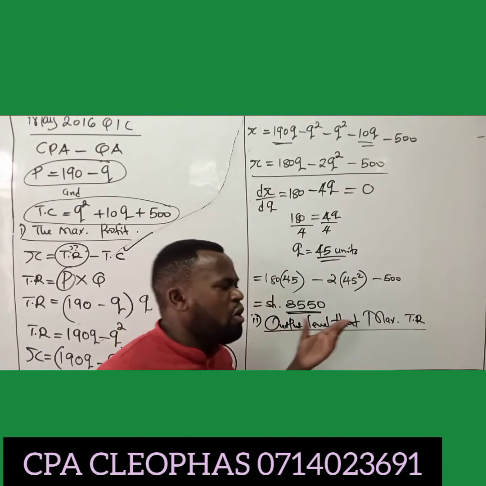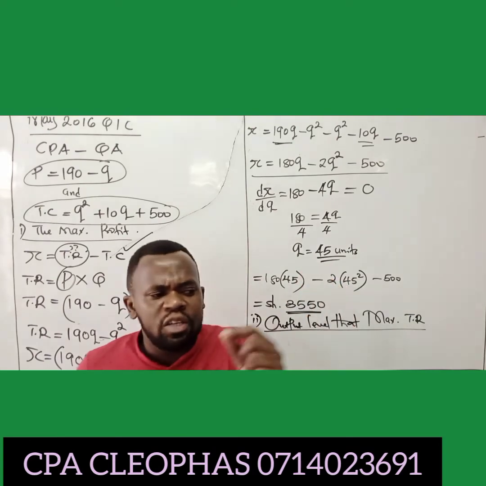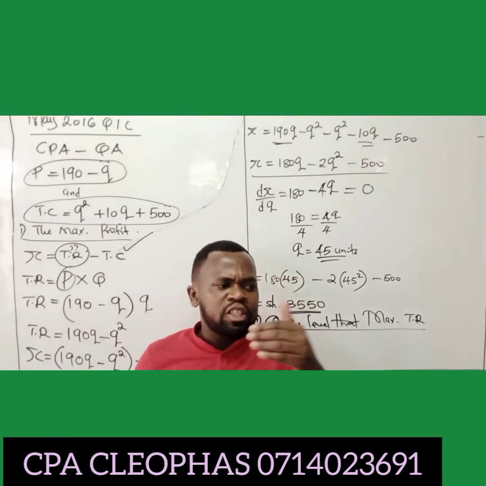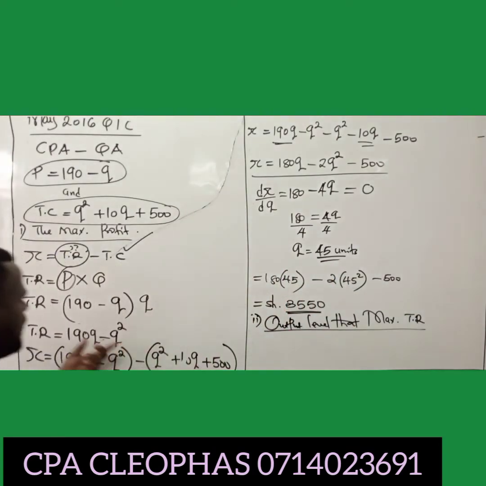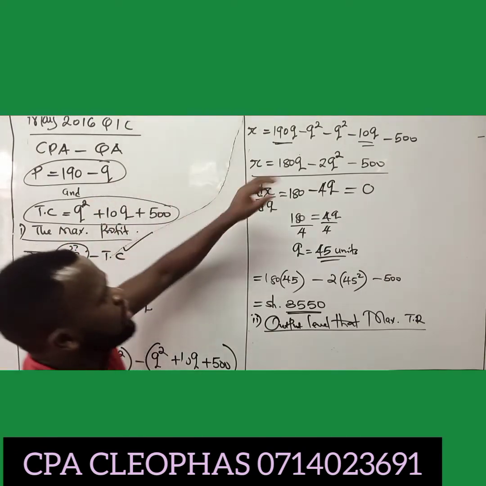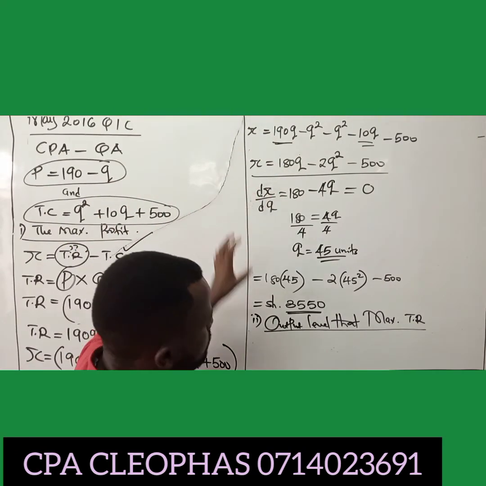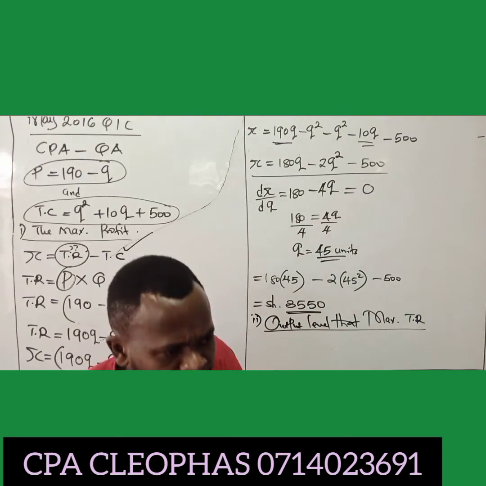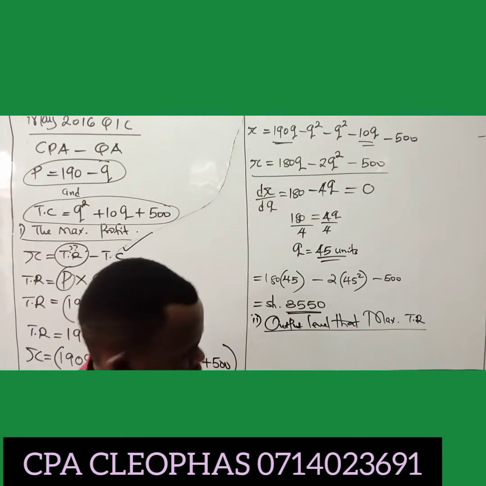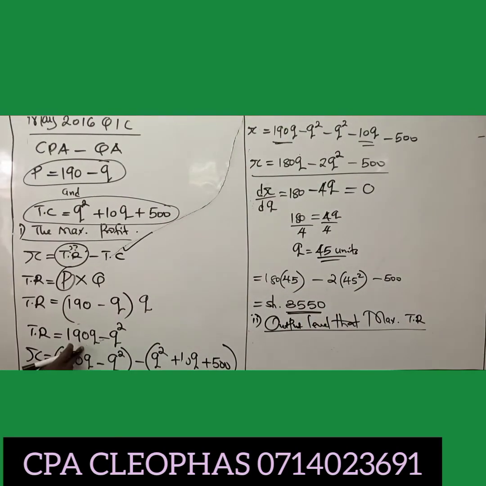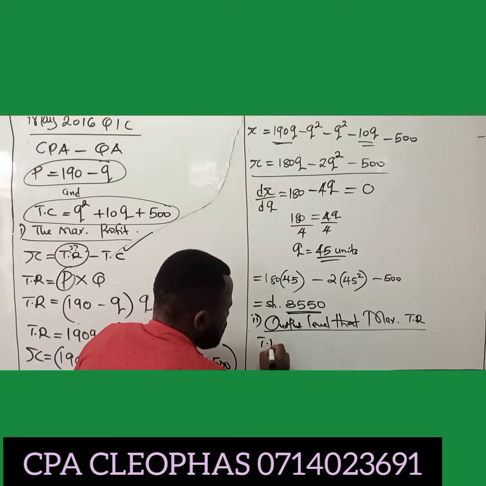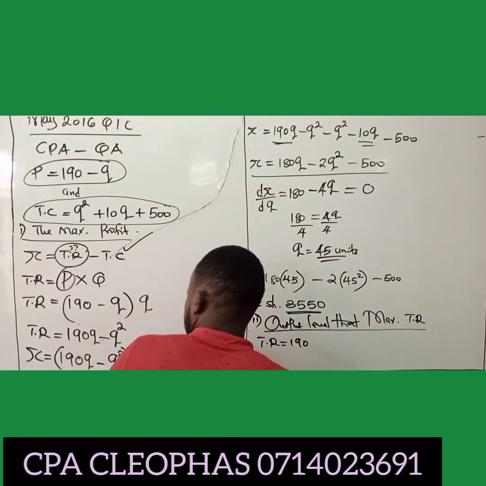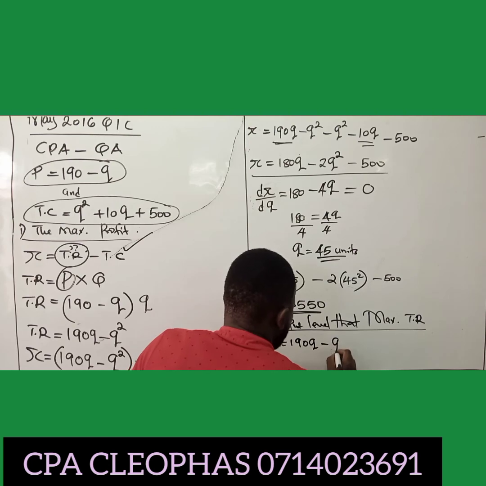Any time you hear of maximization, you must differentiate the function. If it is maximization of profit, like the first one here, we had to get the profit function and differentiate it. For maximum revenue, you need to get the revenue function, which we already have, and differentiate it. Our revenue function is here, 190Q minus Q squared.